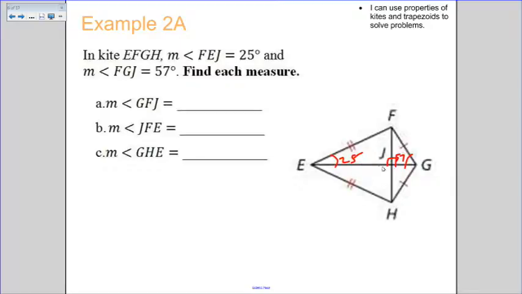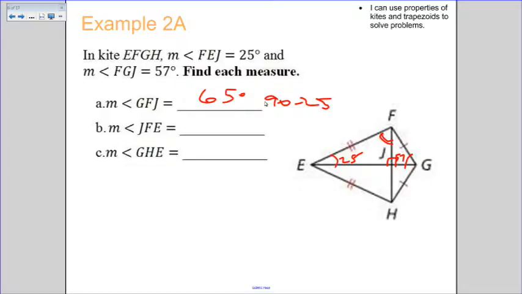So what I have is a right triangle. In a right triangle, the other angle here is 90 degrees minus this angle, because this one's 90, right? So here I'm going to get 90 minus 25, which is 65 degrees.